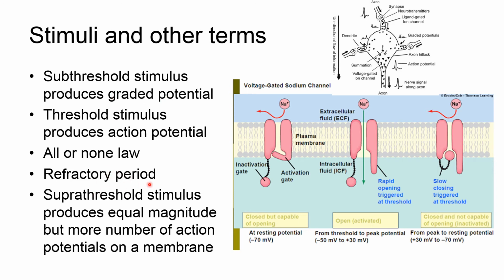What is the refractory period? Again, when these sodium voltage channels have their inactivation gates closed due to positive ions present inside the membrane due to entry of sodium, these positive charges, because these are positive charges, and these inactivation gates are also made up of positive amino acids, will not allow these inactivation gates to open.